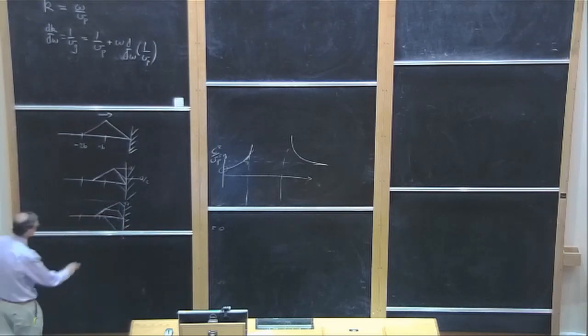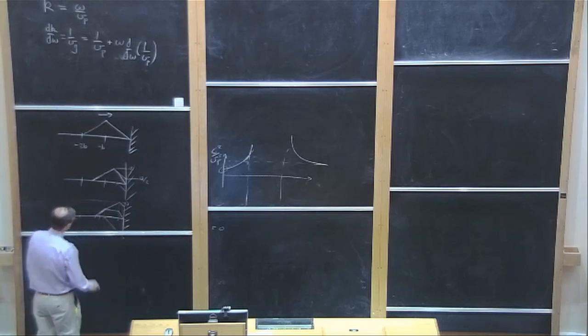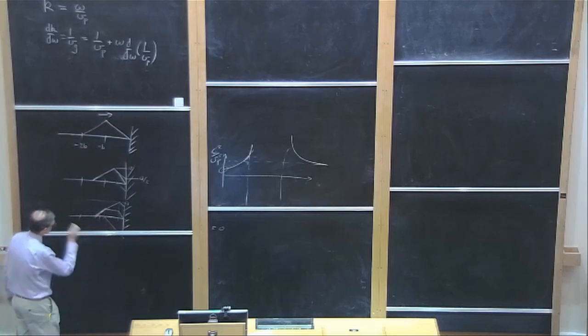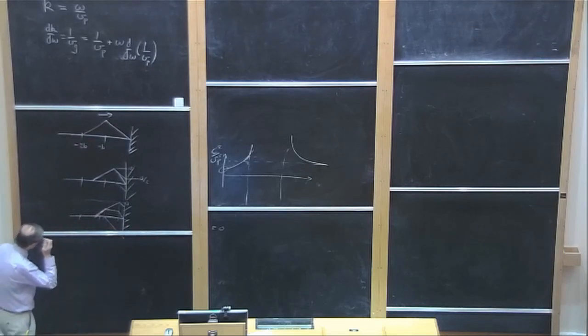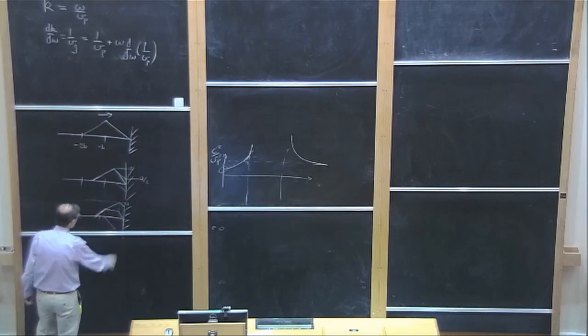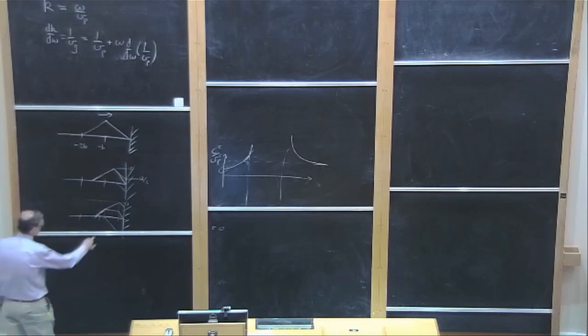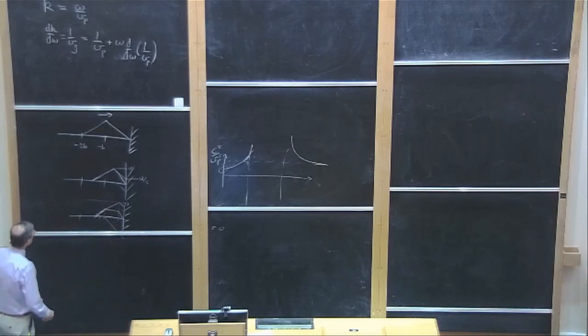So we get a flat portion here, and then we get this doubly steep slope at the to bring it back to the origin.